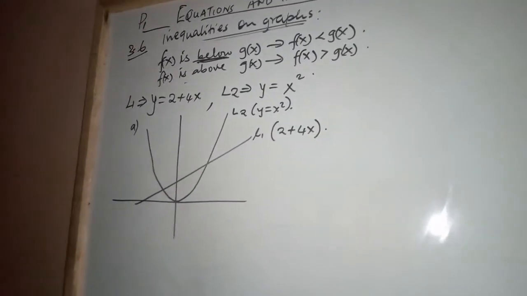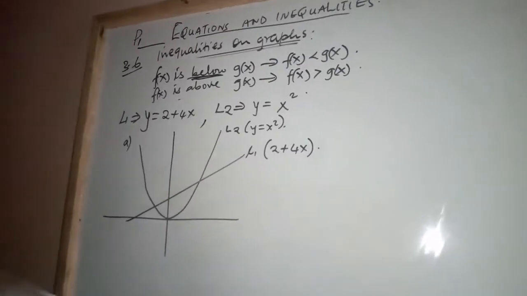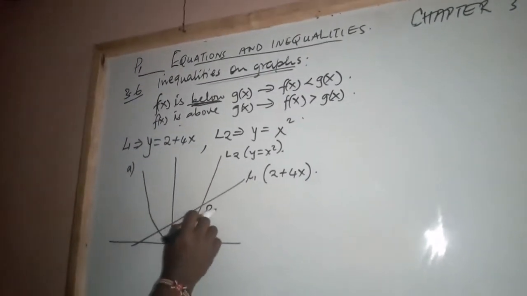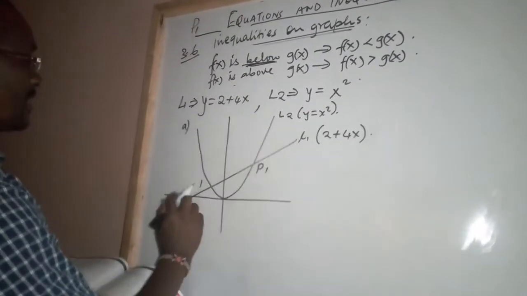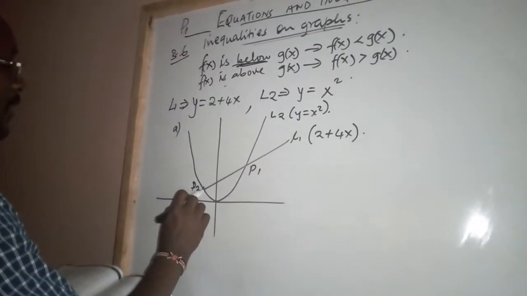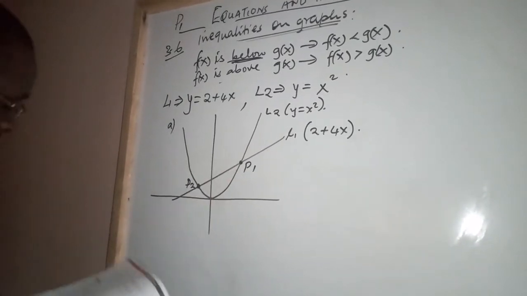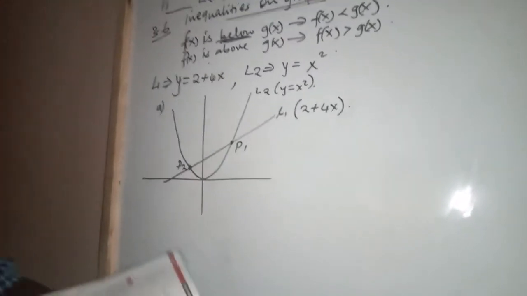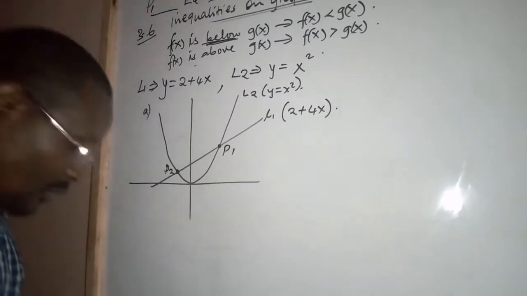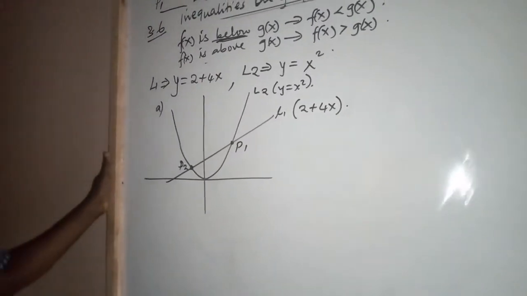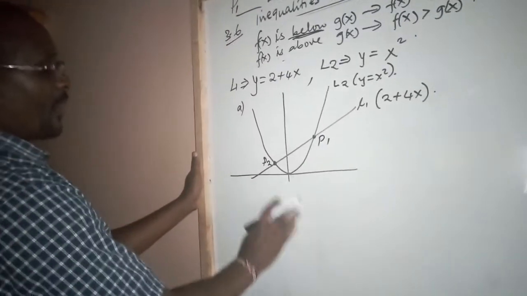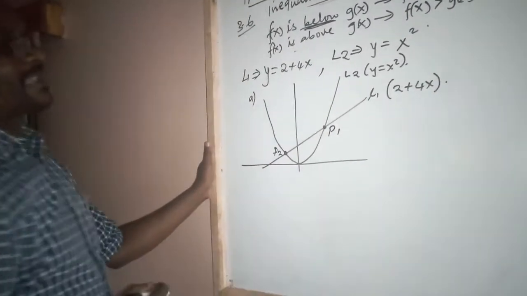Let's go to the questions. We have a point P1 and a point P2, and these are points of intersection. Part A of the question: find the coordinates of P1 and P2. The coordinates of P1 and P2 are where the two graphs intersect.